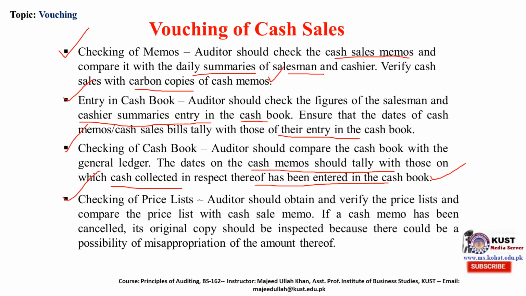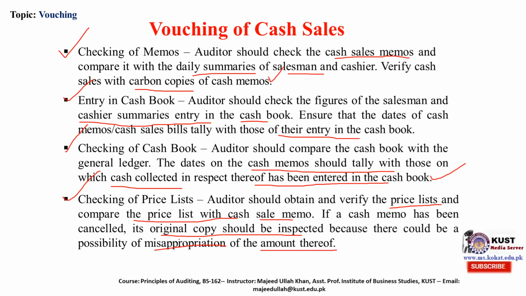Checking of price list. Auditor should obtain and verify the price list and compare it with the cash sales memo. If a cash memo has been cancelled, its original copy should be inspected because there may be a possibility of misappropriation of the amount.